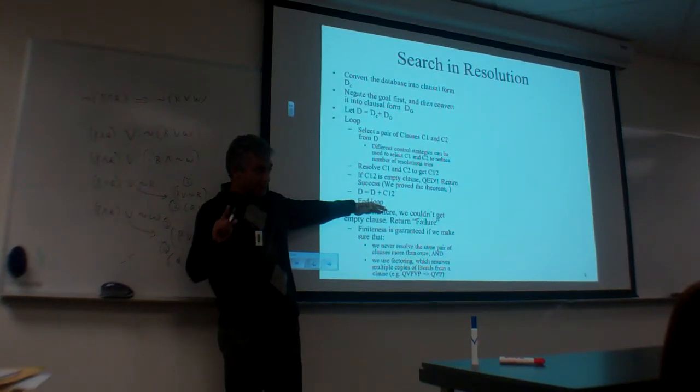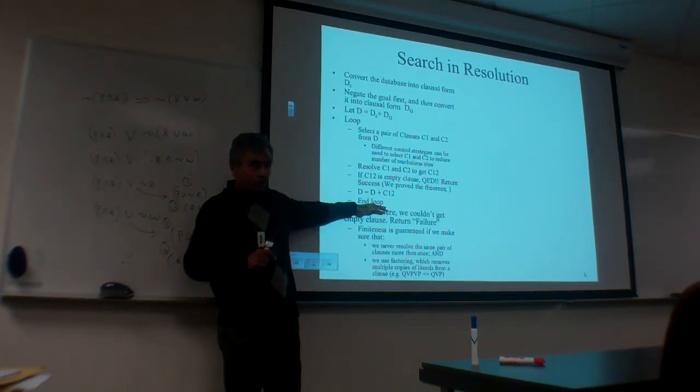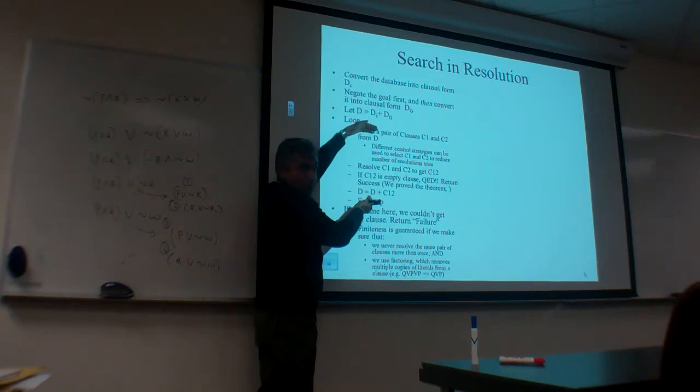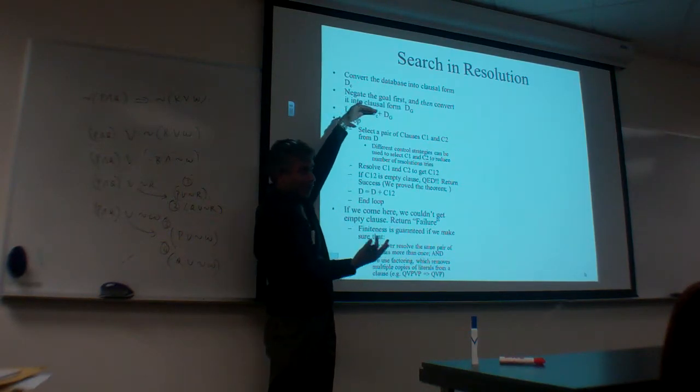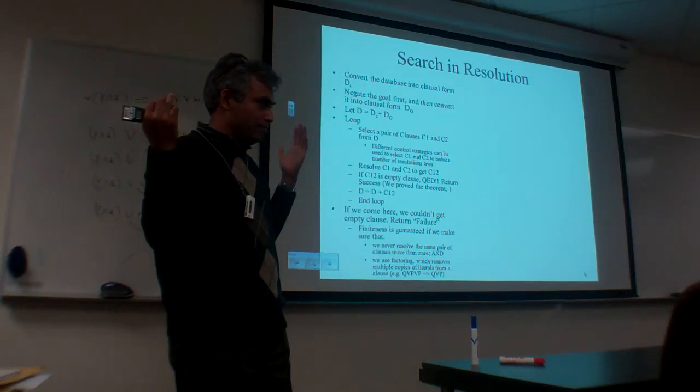Which is why in the first order logic, if the theorem that you're trying to prove happens to be actually true, you would, in finite number of resolutions, get an empty clause. If not, you have to fall out of the loop. And for a first order logic, there is no falling out of the loop, because you have infinite number of resolutions to be done.